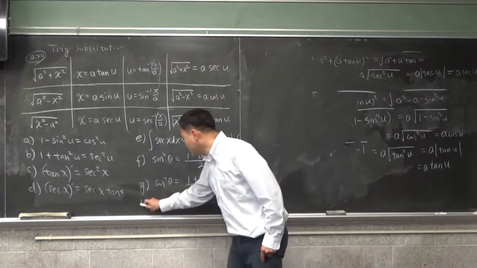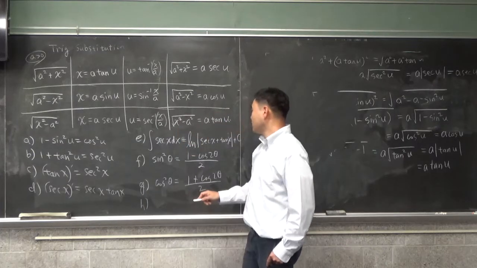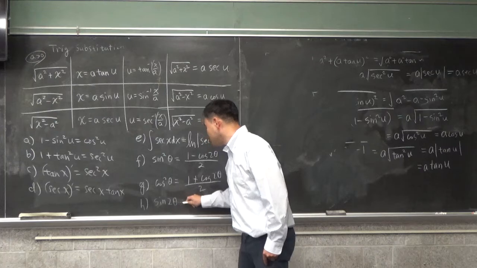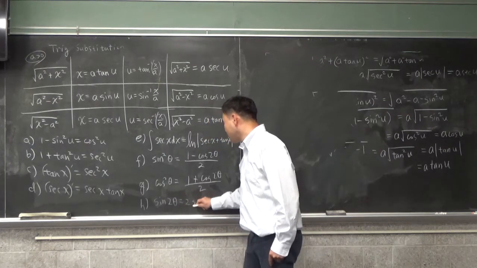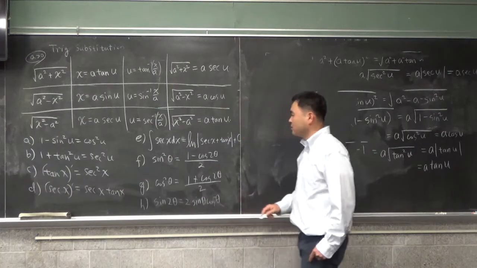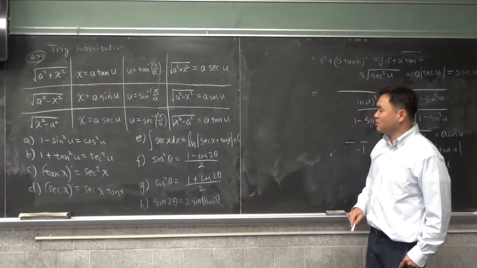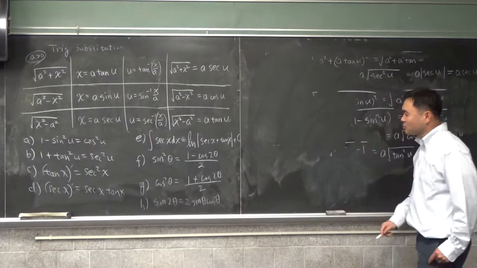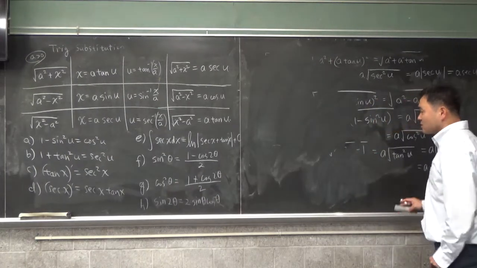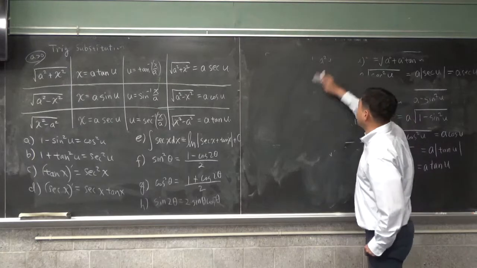Just one more. H, sine 2 theta is 2 sine theta cosine theta. And then there's one more, but it's okay. I'll tell you more trig formulas that are needed as they come up.